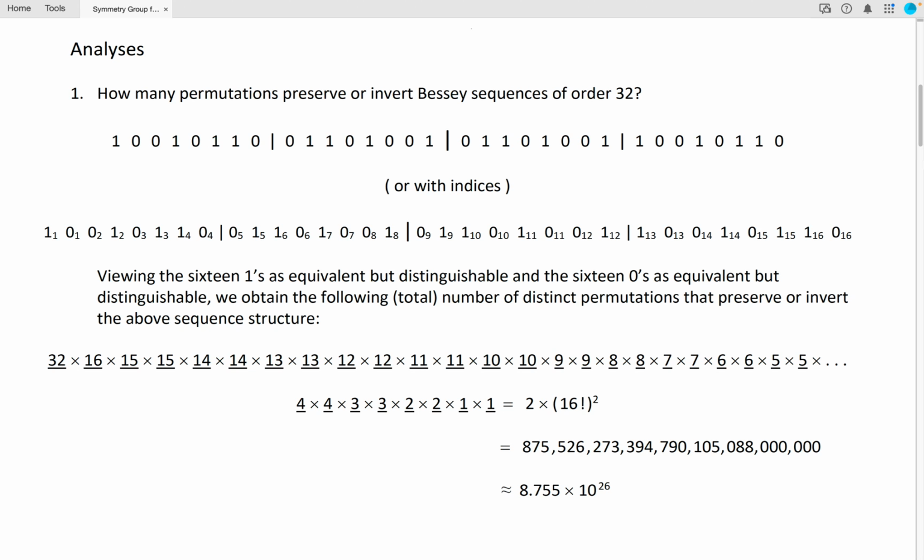Viewing the 16 ones as equivalent but distinguishable, and the 16 zeros as equivalent but distinguishable, we obtain the following total number of distinct permutations that preserve or invert the above sequence structure. This total comes out to be approximately 8.755 times 10 to the 26th power.